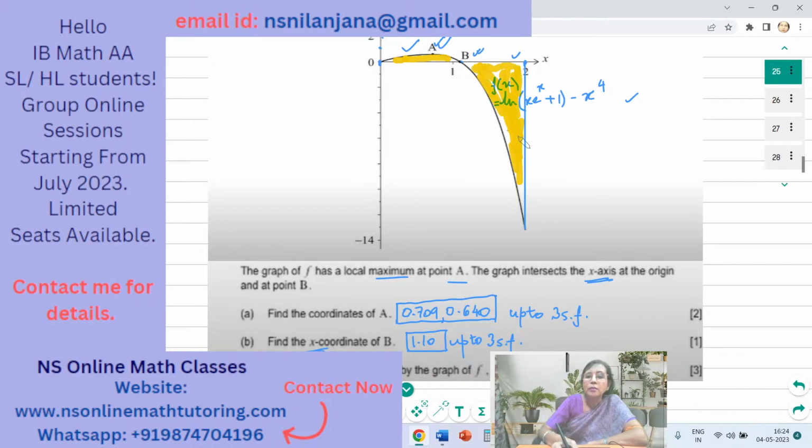Okay. And because this part is above the x-axis, it will be positive. You will be getting a positive answer.